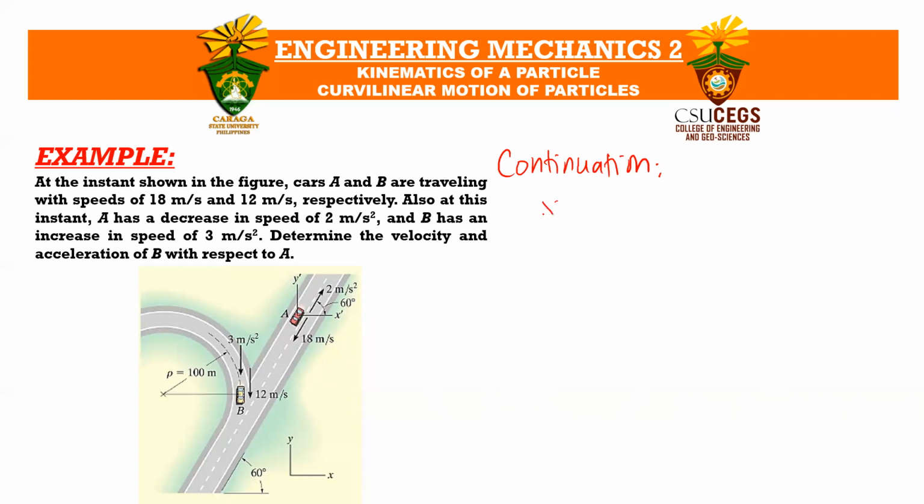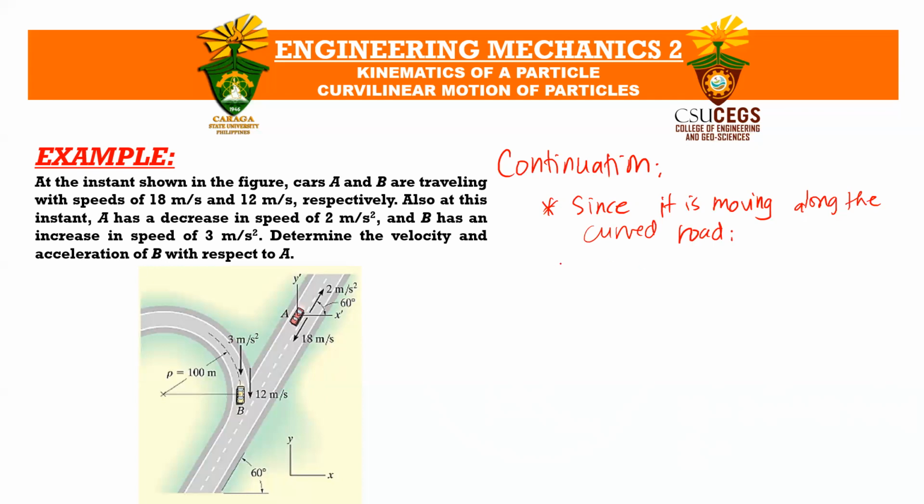So since it is moving along the curved road, the components for the acceleration of car B would be the normal and tangential components. I already discussed the normal and tangential components before, so I hope that you still remember them.